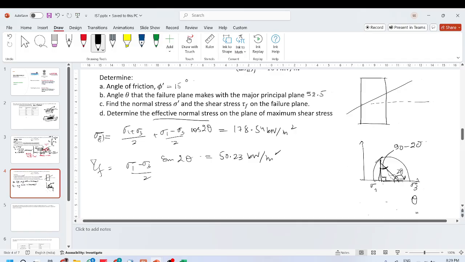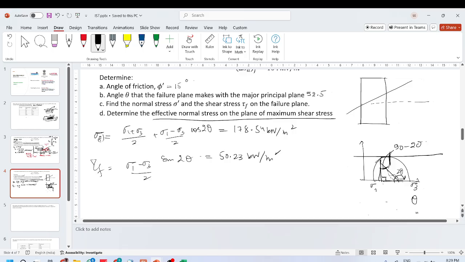Determine the effective normal stress on the plane of maximum shear stress. So basically, maximum shear stress will be this. Okay. So this is the maximum shear stress.